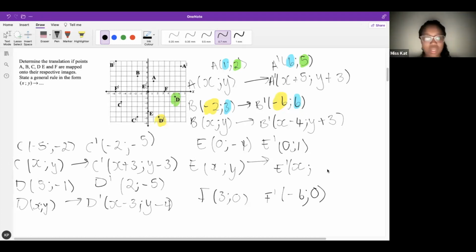So it's going to be X and, are we changing the X for E and E prime? Let's start there. Are we changing the X? No, so we just write X again because it's going to be the same number. Do you see that the X for E and E prime are the same? 0 and 0. Okay, so it's the same thing, so we're going to say X. Now let's change -4 to 1. How do I get from -4 to 1?